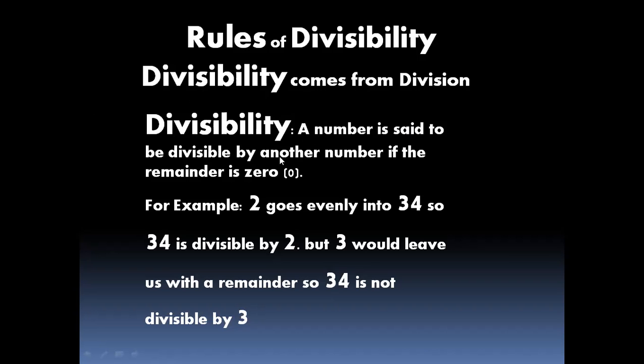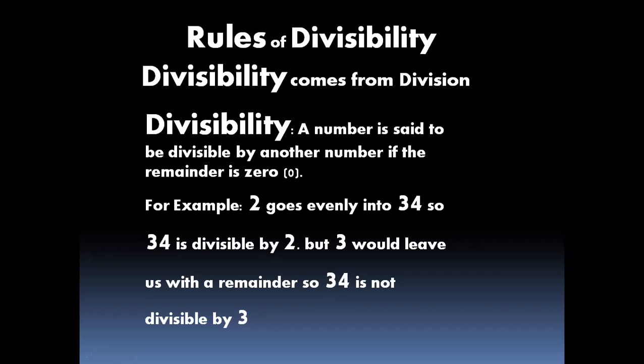Dear students, this sentence means that if one number is divided by another number, there should be 0 remainder. Or in other words, we can say if one number is divided by another number, then there should be no remainder there.